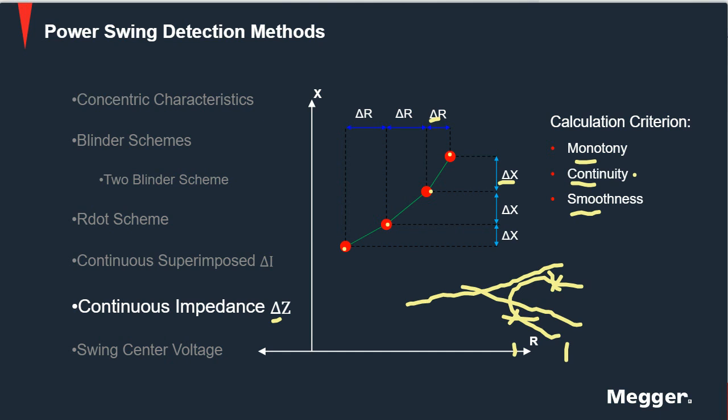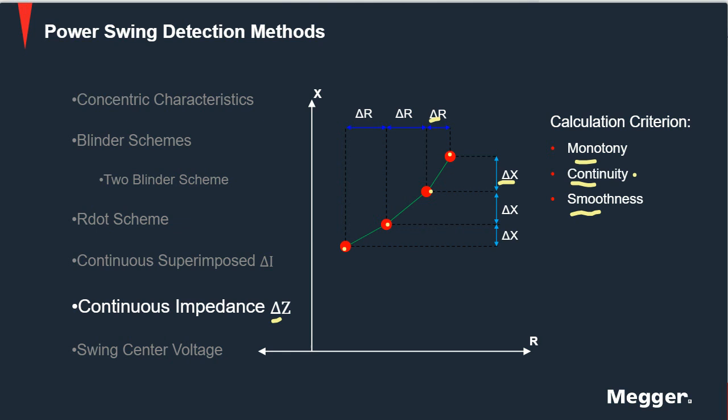Continuity: the trajectory should not be stationary. It should not stay in a single place longer than it should. So you create a time threshold, and if it stays at a particular point longer than that threshold, then you declare that the impedance has become stationary there, and you may have to consider tripping for that condition.